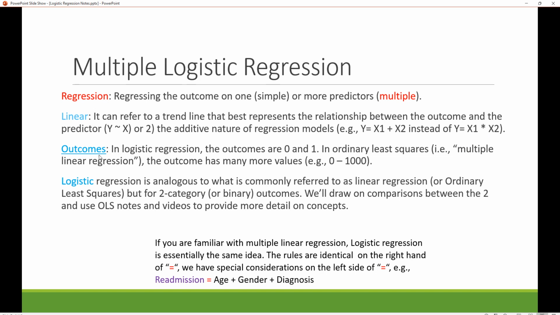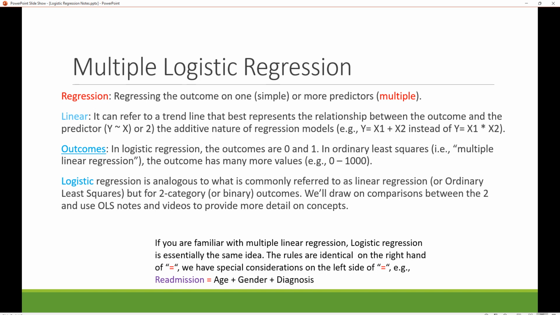We'll have outcomes, and in a logistic regression, the outcomes are 0 and 1. In ordinary least squares, or what we often refer to as multiple linear regression, the outcome has many more values, and they range from 0 to an infinite number, and they can include negative numbers as well. But for logistic regression, our expected values are confined to range from 0 to 1.